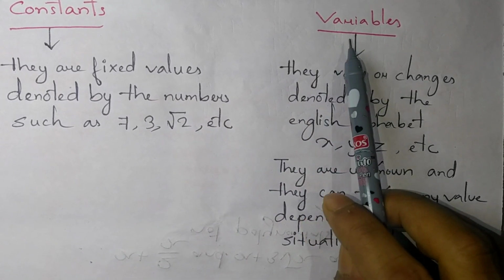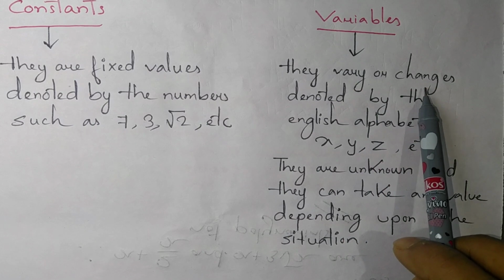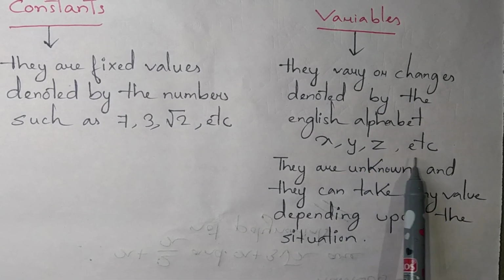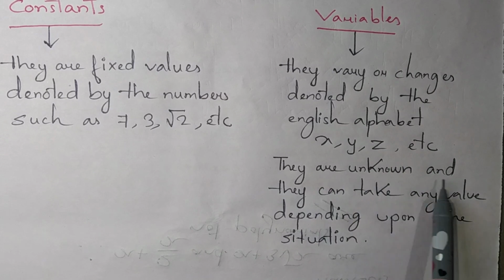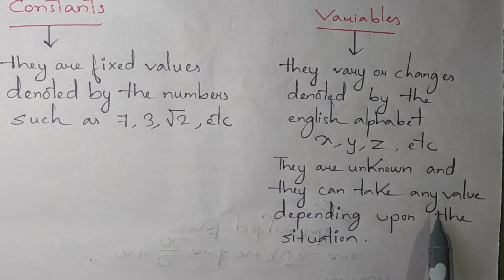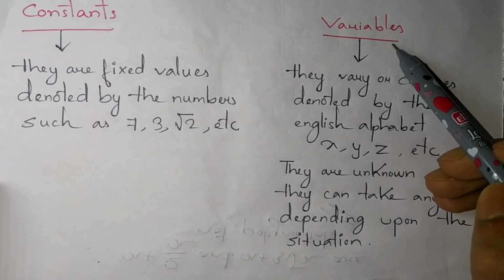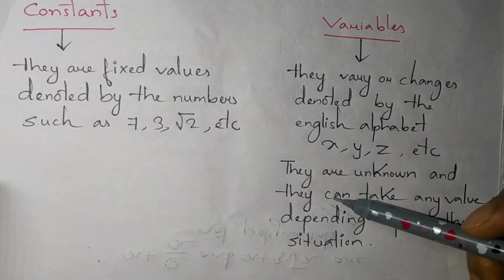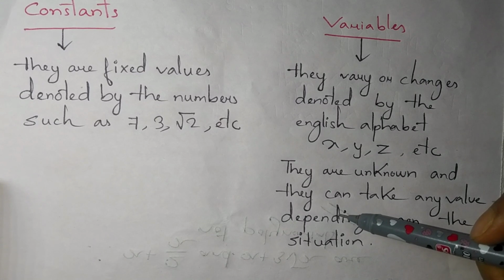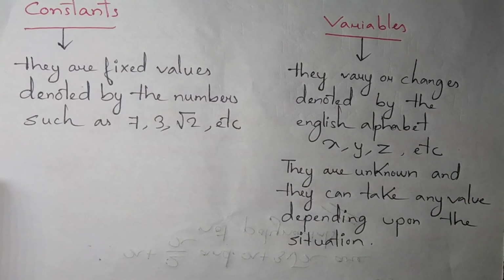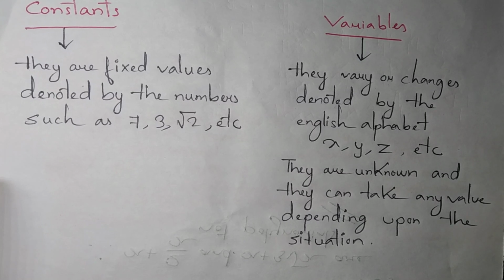Whereas variables vary or change, they are denoted by the English alphabets x, y, z, etc. They are unknown and they can take any value depending upon the situation. By the name variable itself, we can understand that it varies. It can be a number, amount or situation that can change or vary.